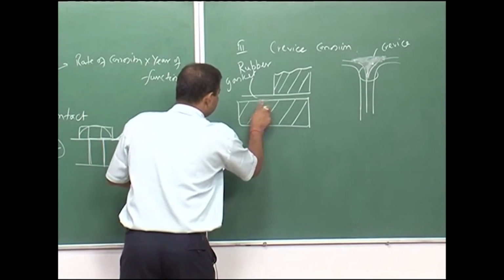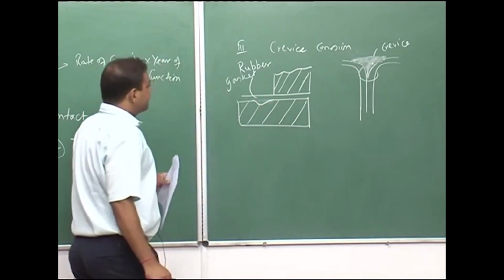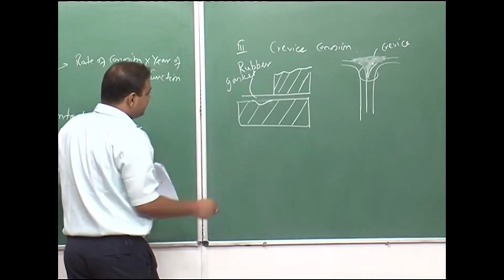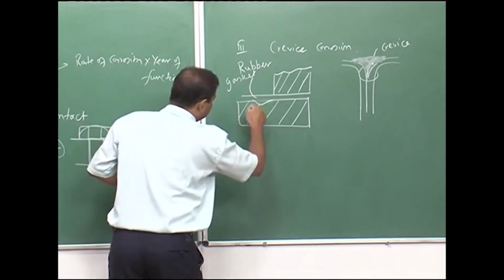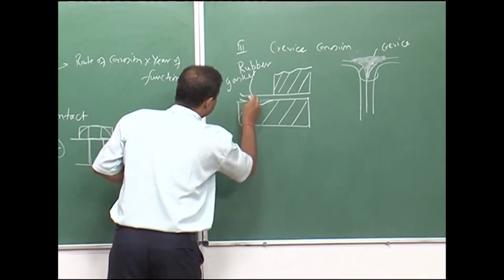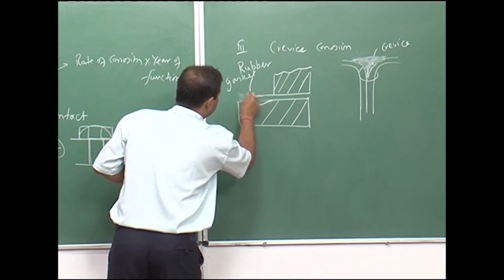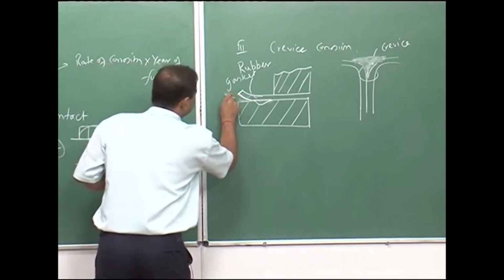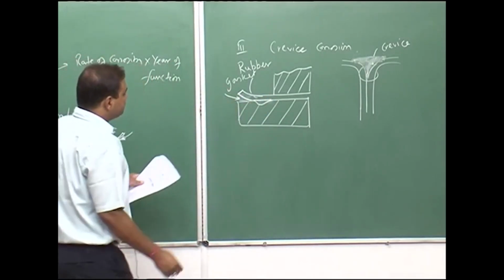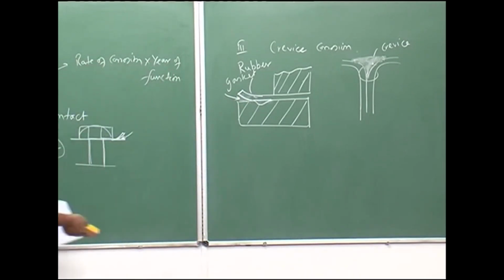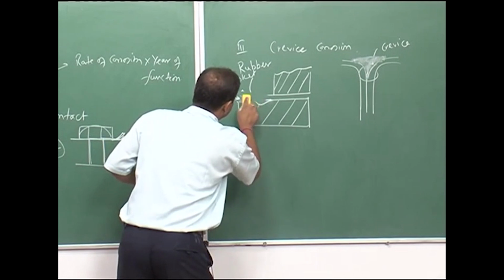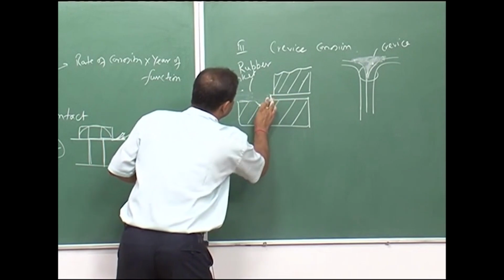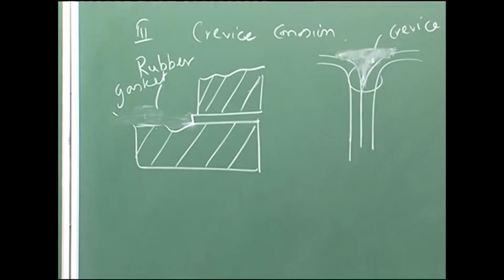If in the bottom material there is a wavy pattern, and if the gasket is pretty big, and there is improper trimming of the gasket, the gasket will be hanging like this. This is my gasket material. So, here also we can see a crevice. The proper design would be to trim it like this, without extending it. Now we avoid the crevice part.